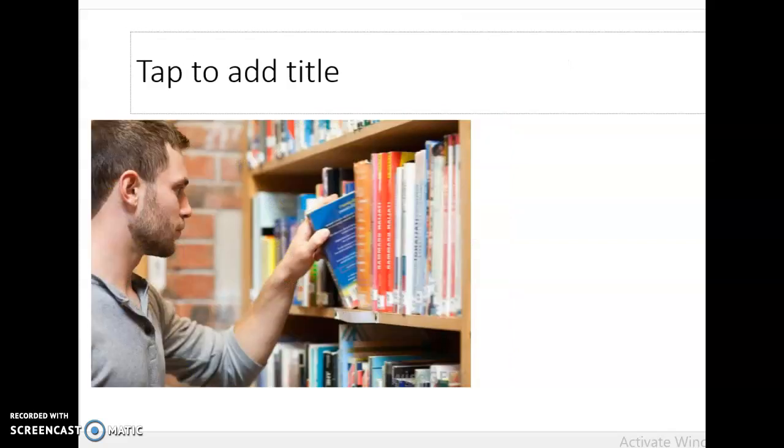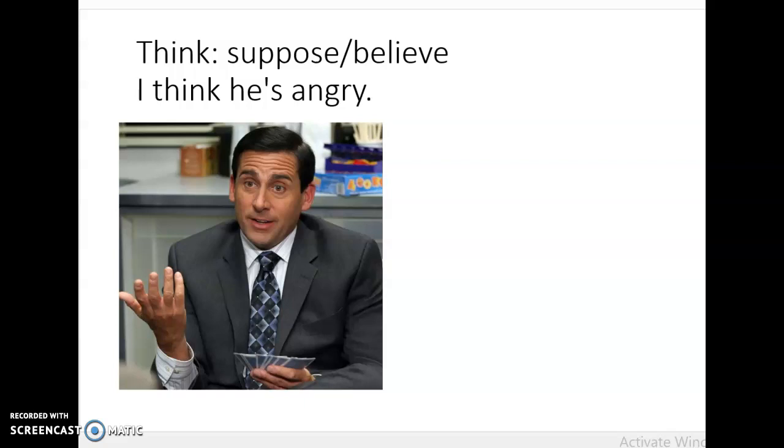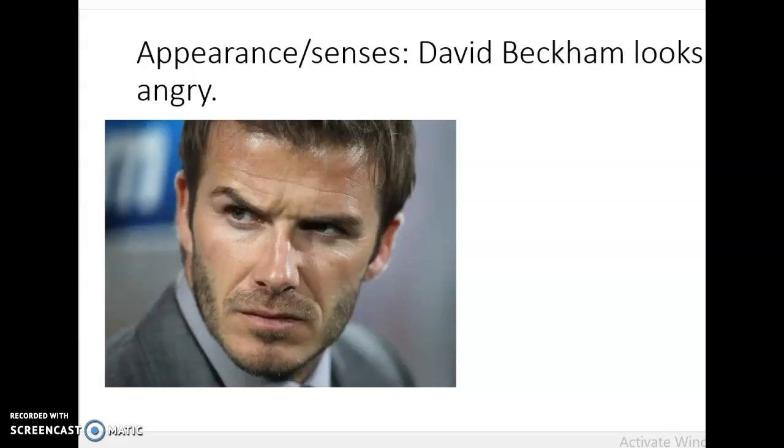Okay? Here, we said that if we want to use look, as he looks angry, he looks tired, he looks happy, meaning he is angry, he is happy, it should be used in simple present. But if we use after it a preposition, for example, let me check it. Okay, here we go.